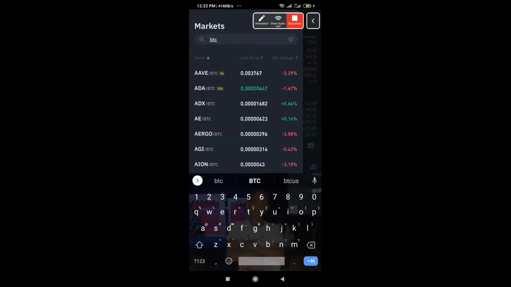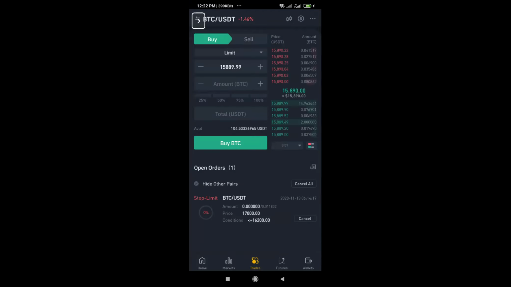So this is where I'm at. This is the order book. You can see the order book at the right side. This area is the order book.